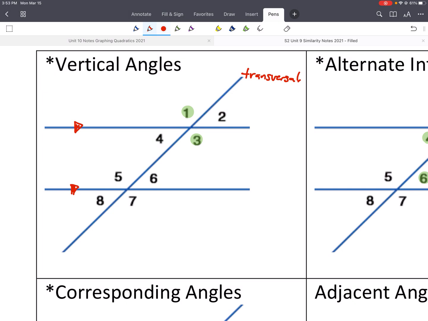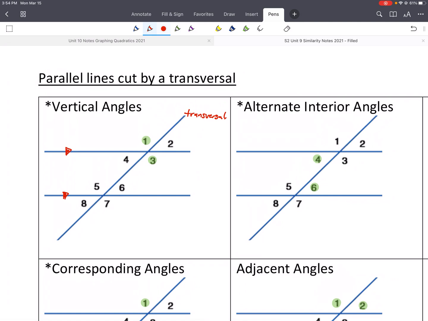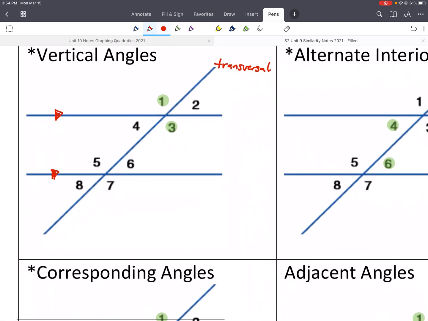It's a line that cuts through two parallel lines. Okay? So when we get into future lessons, we're going to need to know these kind of rules, especially the ones that have stars. Okay? So keep those in mind. Those are probably the most important. The others are also important, but not as important.